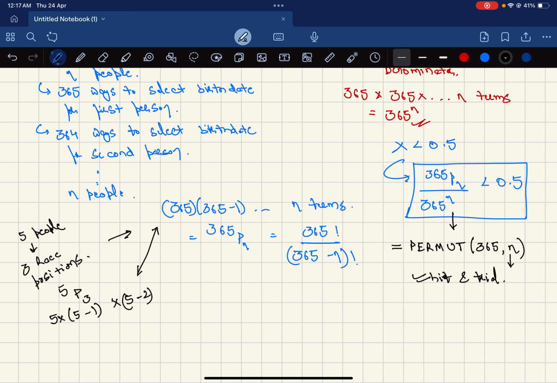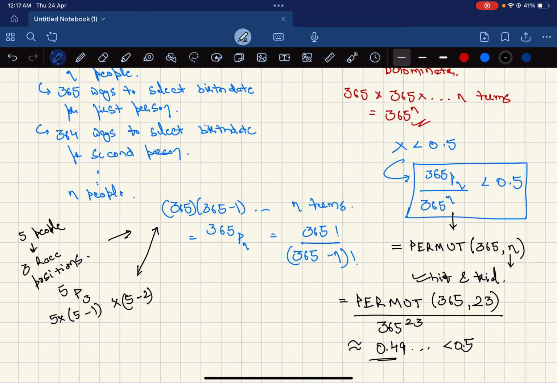And if you notice, the value of this particular expression for 23, 365P23 divided by 365 to the power 23, comes out to around 0.49 something, which is just less than 0.5.